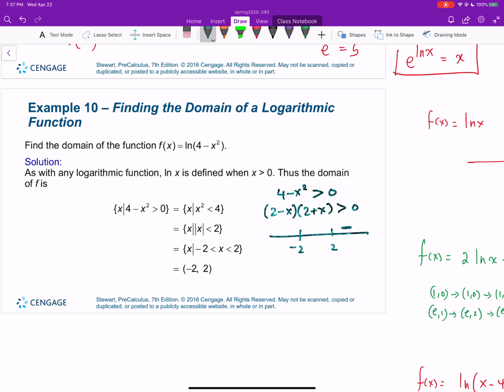If I pick anything between negative 2 and 2, that makes it positive. If I pick anything between negative infinity and negative 2, say negative 5, that makes this region negative. So the only place where this inequality is true is when x is between negative 2 and 2. Okay, so the same things carry over in logs and natural logs.